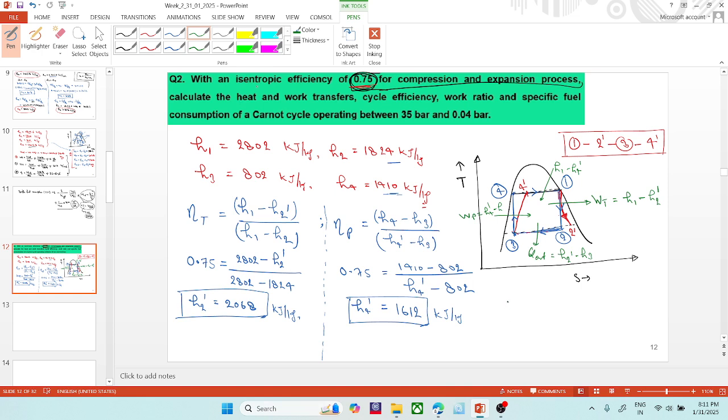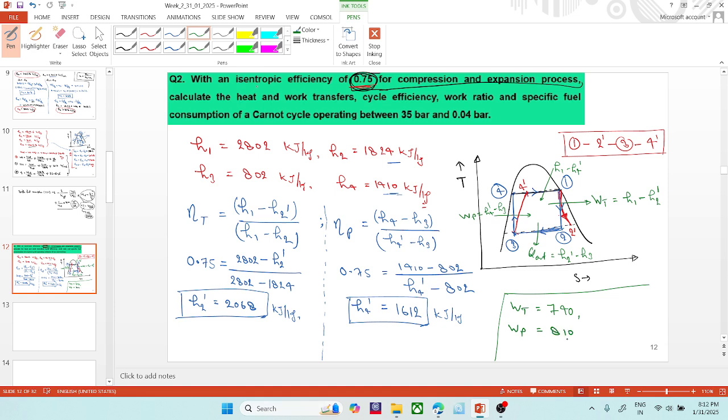So now, let me write all the things here. So WT here is H1 minus H2 dash, 2802 minus 2068. It is 740. Pump work is H4 dash minus H3 here, H4 dash 1612 minus 802.